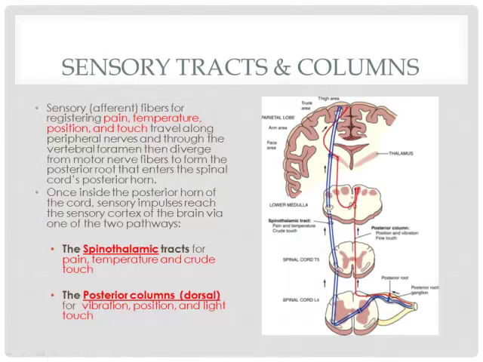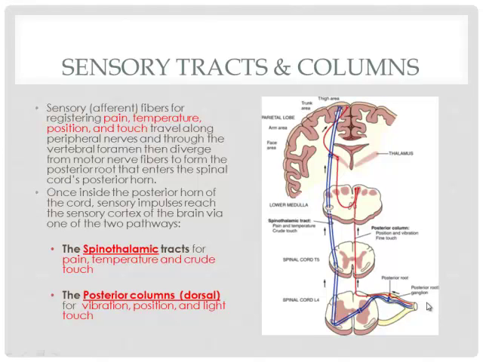So let's take this a little bit further, and we're going to go down to one of the sensory tracts. So again, as we take a look in our spinal cord, there are afferent fibers that are registering pain, temperature, position, and touch.